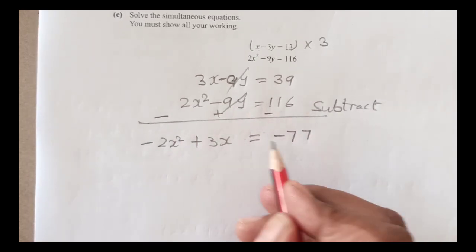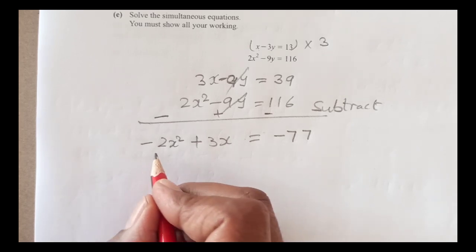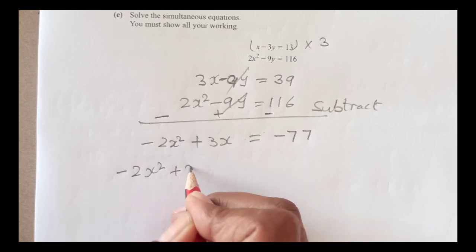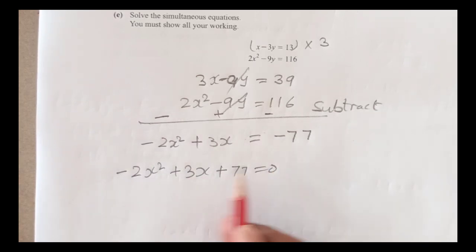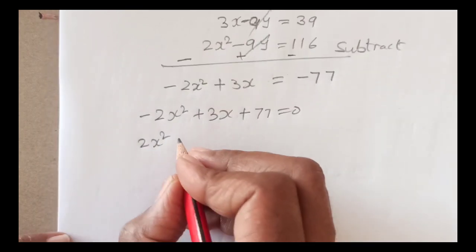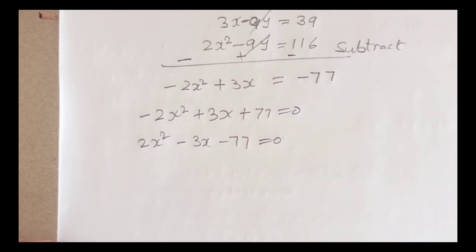So I'm going to shift this to the other side, negative 2x squared plus 3x plus 77 equals 0. Now multiply the whole equation by negative 1. So this will be 2x squared minus 3x minus 77 equals 0.